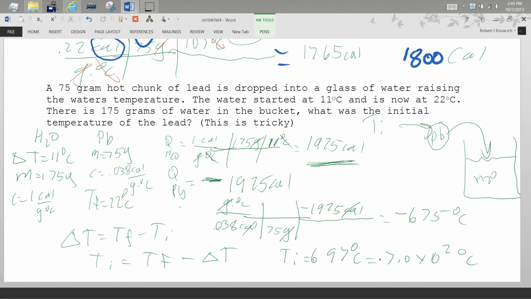We know the 7 is significant, and then the 0 right after that, is that significant or insignificant? I do know that the last one is insignificant, but I still don't know if the tens place is significant. But if I write it like this, I know that the 7 and the 0 are both significant, so there's no ambiguity about the answer, sig figs. Okay. Questions about that one?